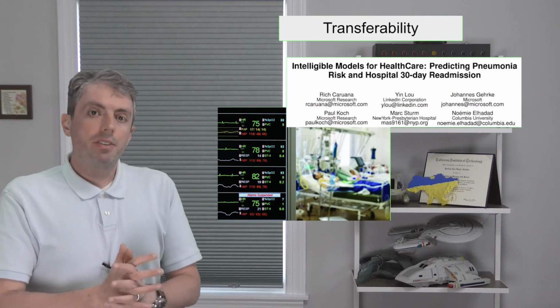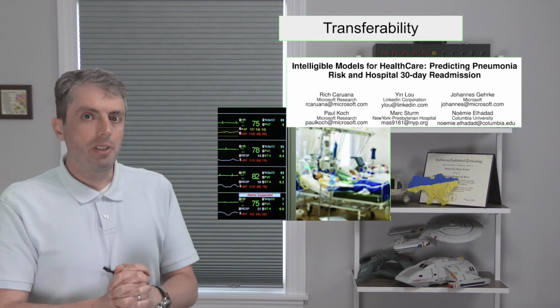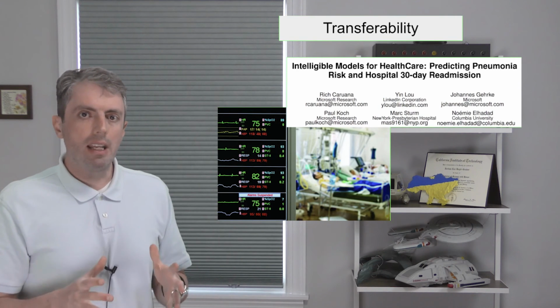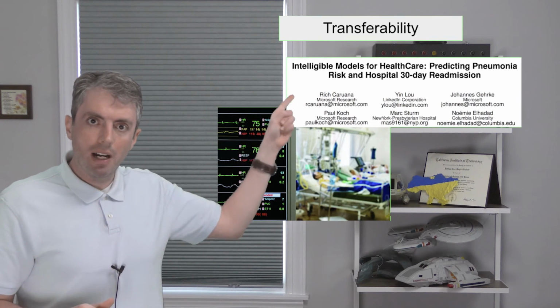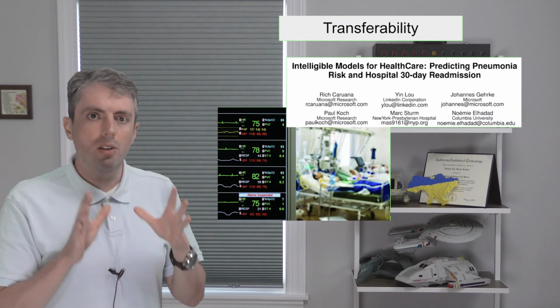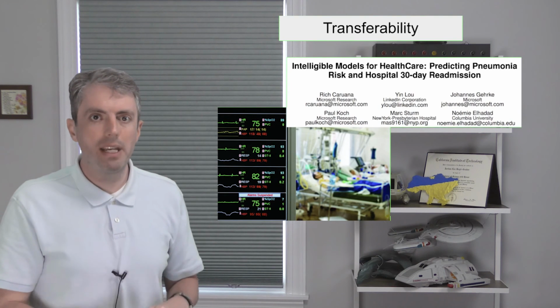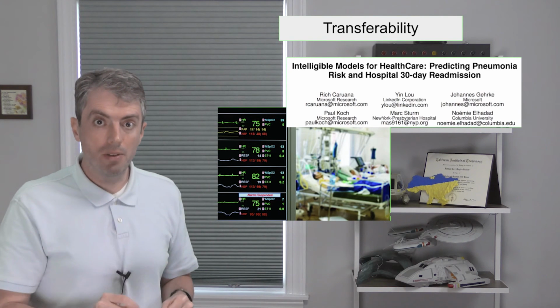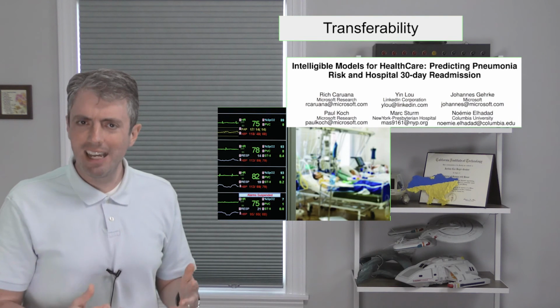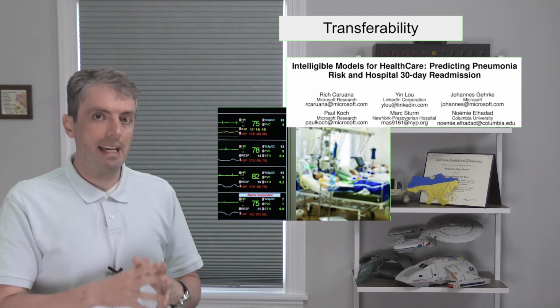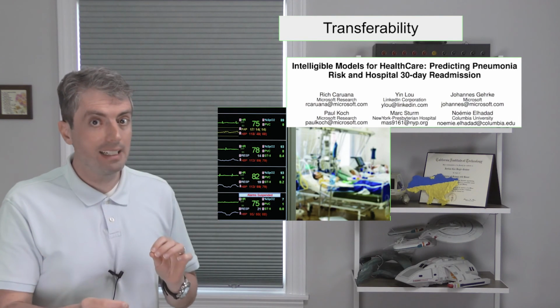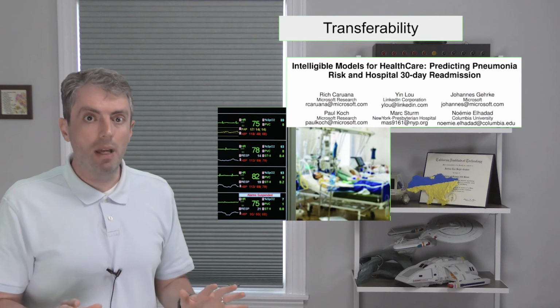You also want models to be robust and transferable, even as circumstances change. For example, in this paper from Caruana et al., their explanation learned that asthma patients have a lower risk than other patients from pneumonia. Counterintuitive, right? But that's because when someone with asthma presents with pneumonia, it's an all-hands-on-deck moment.